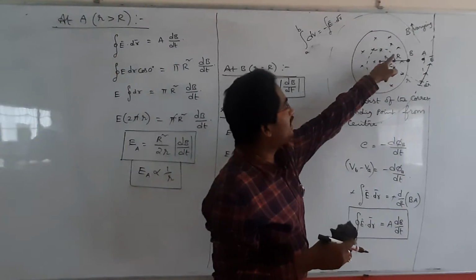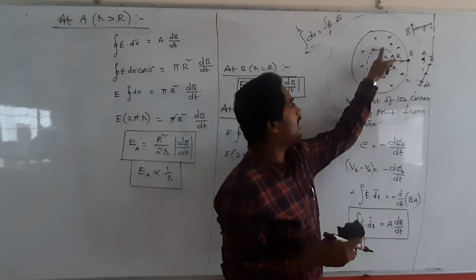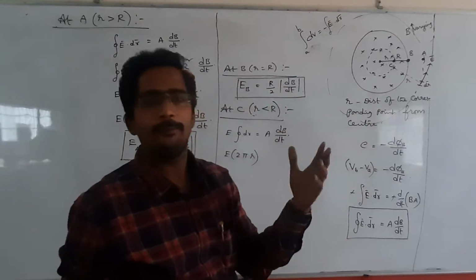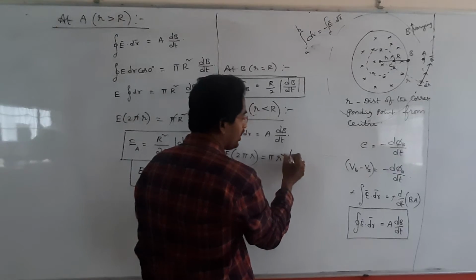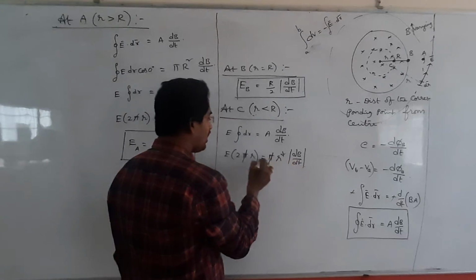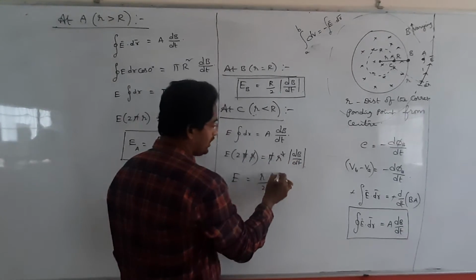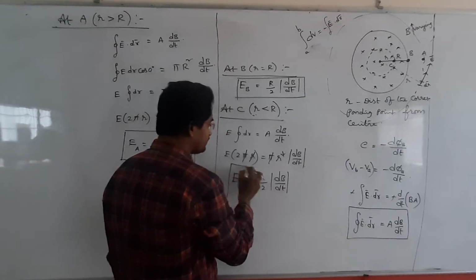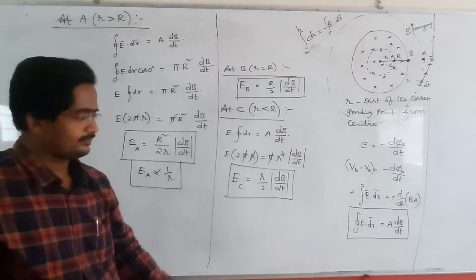Up to what area is the field established here? Up to this area only, because the loop is this one only. Within that, the field area is what here? Pi r squared. So we are getting pi r squared into mod of dB by dt, such that pi cancels and the E value is r by 2 into dB by dt. It is the E value at C, that is, the electric field intensity at C.